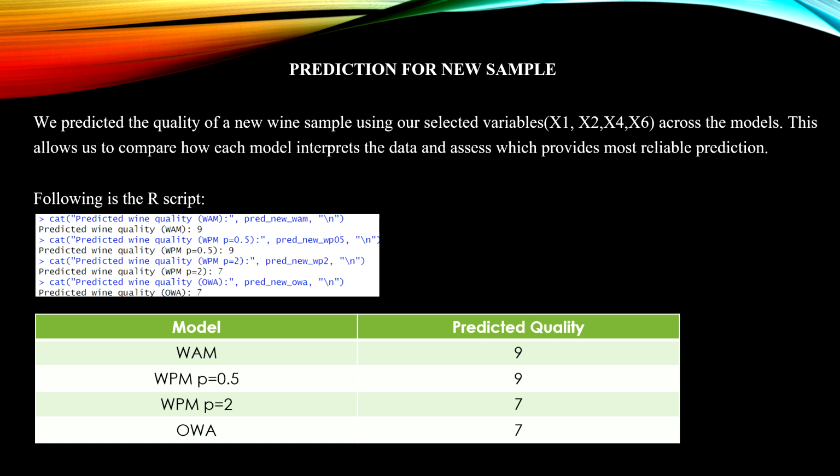So the model and the predicted quality are given below, such as WAM gave the 9 predicted quality, WPM with the probability of 0.5 gave 9 predicted quality, WPM with the probability of 2 gives predicted quality as 7, and the ordered weight averaging gives a predicted quality of 7.